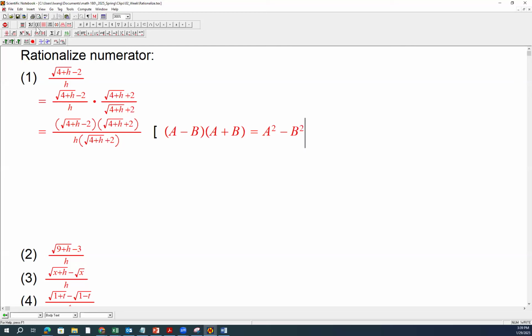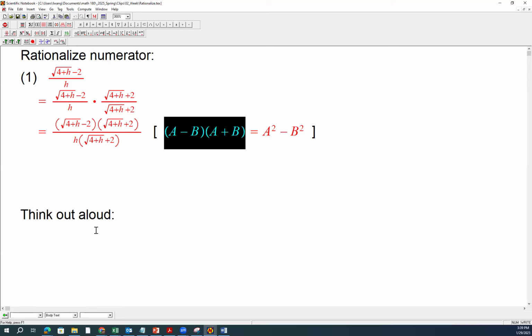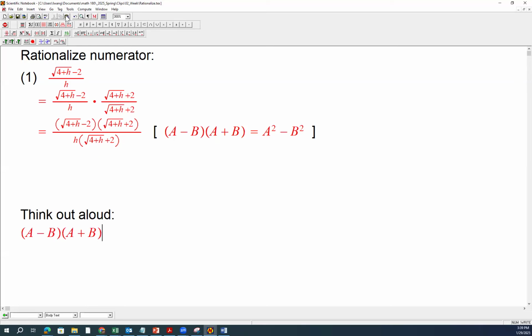I'm going to operate this as if I have scratch paper underneath, so I call it thinking out loud. This is the part where I'm just showing you how the formula comes about. You don't need to derive the formula when you work the question, because we do assume that you know it, and this is just for your review. So A times A is A squared.